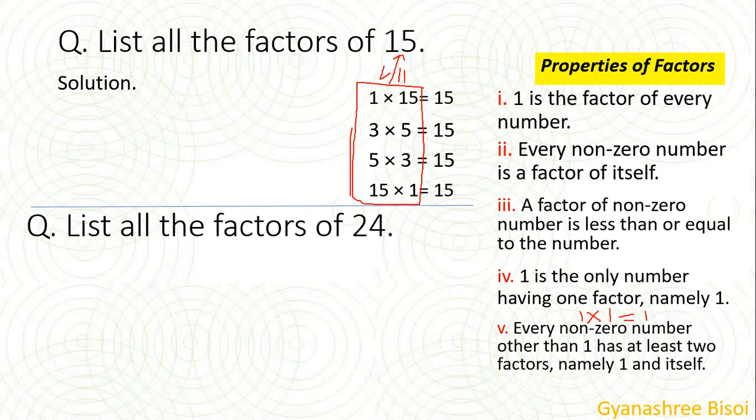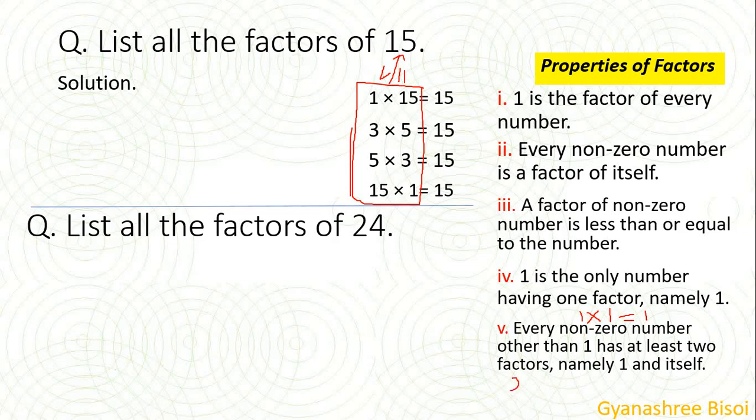Next, every non-zero number other than 1 has at least 2 factors. Except 1, take any other number and it will have at least 2 factors. It can be more than that.